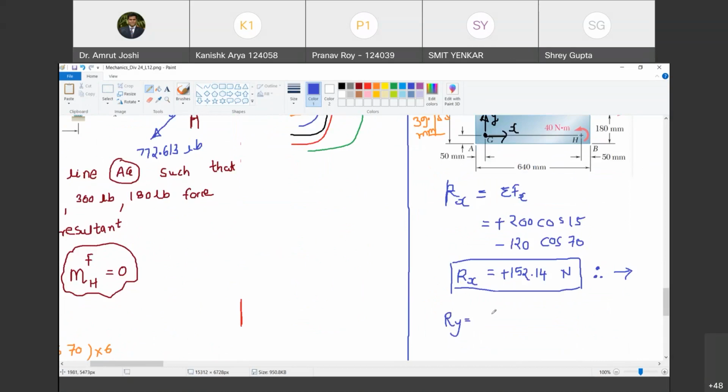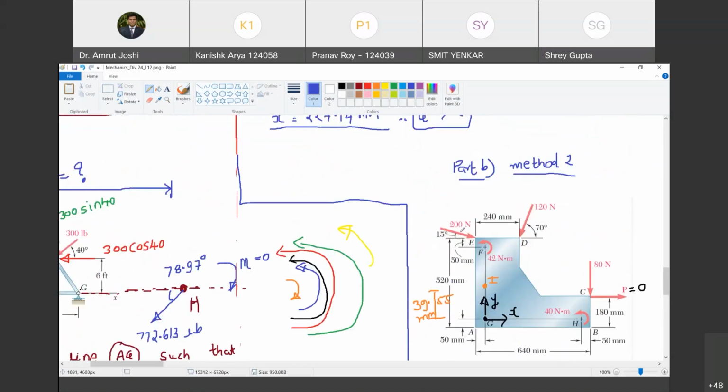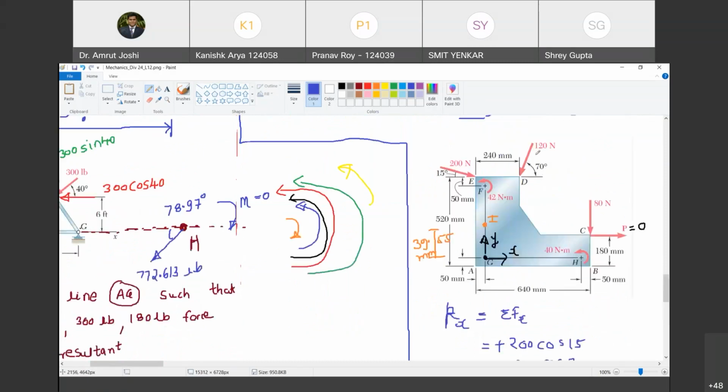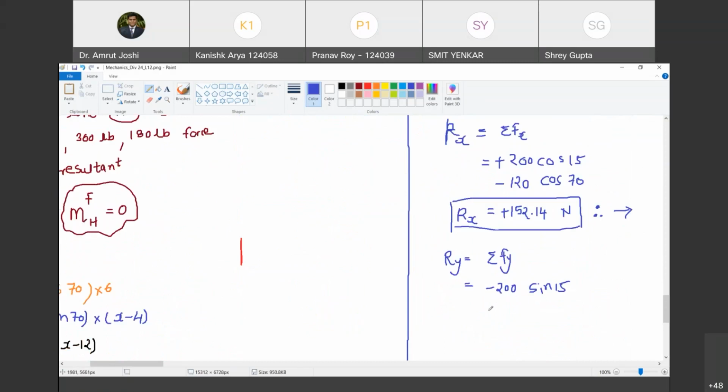Now, how do we find out Ry? To get Ry, we do summation Fy. So how do we do summation Fy? 200 sine 15, sir, but negative. Do you agree? Negative sine 15. Yes, sir. Minus 200 sine 15. Then what about 120? 120 sine 70 negative.